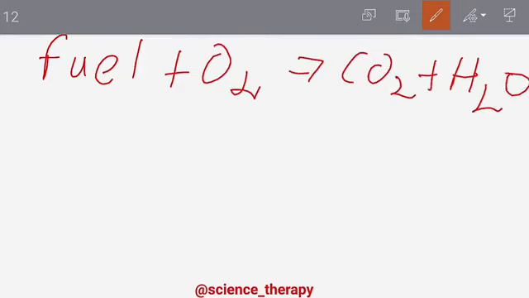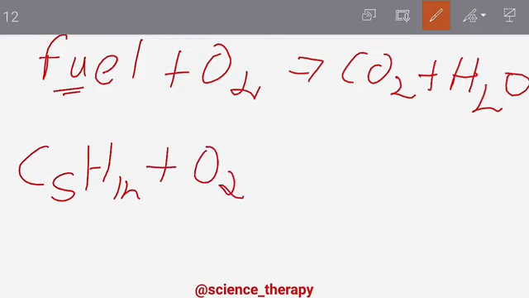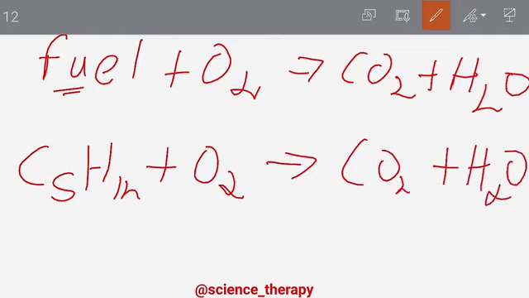So here we have compound D. Our fuel is compound D, which is pentane. So that's C5H12 plus oxygen gas, or then CO2 plus H2O.